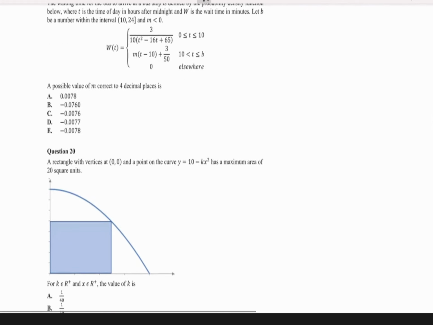Question 19. The area under this curve would have to equal 1. So you would have to set up an equation that equals 1. And that's just this. You just plug this equation into your CAS.